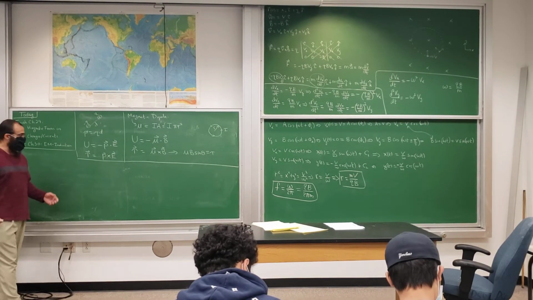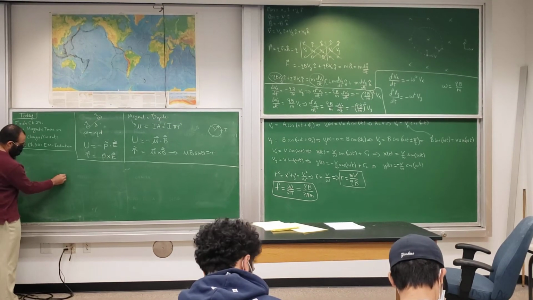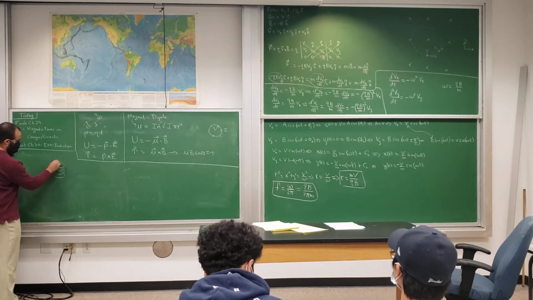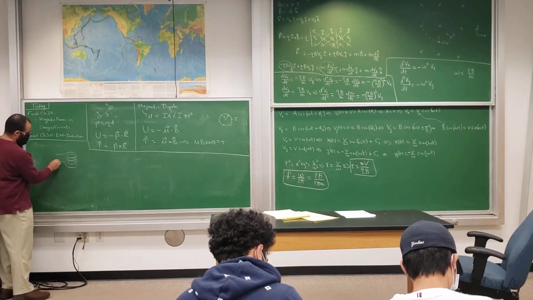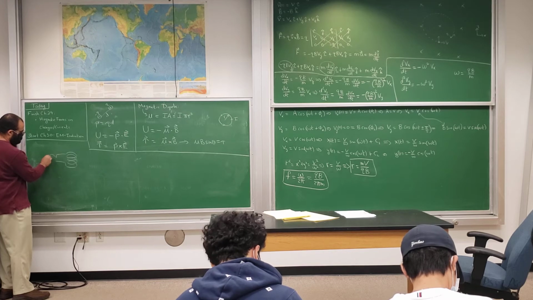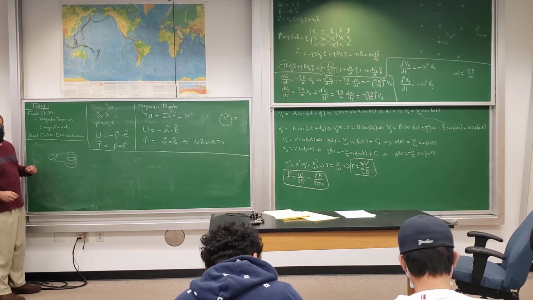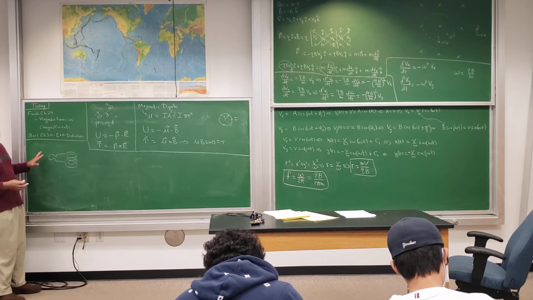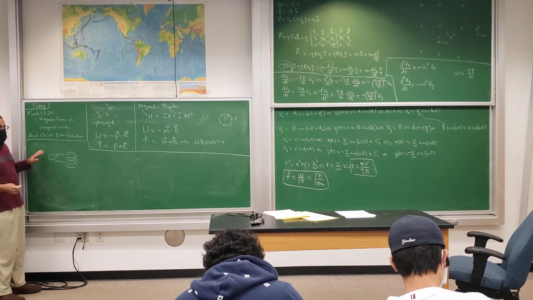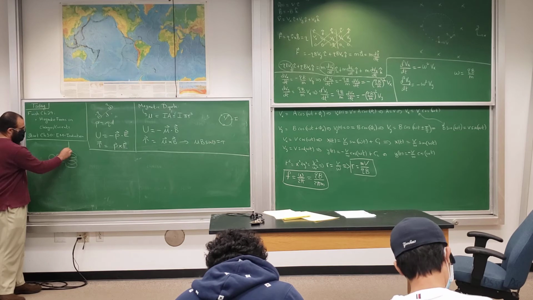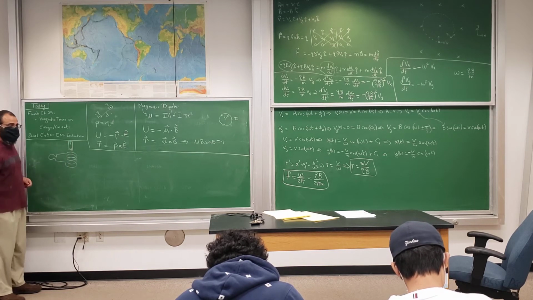If you take a coil, let's say here's a coil like this, and you put a light bulb here, the light bulb doesn't shine. If you bring a bar magnet, it doesn't matter which side. Let's say this is the north, this is the south.